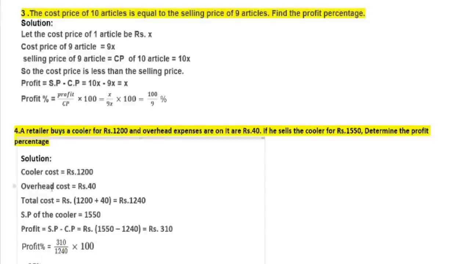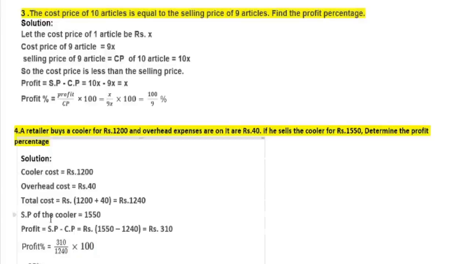Now you have to find the total cost, that means cost of the cooler plus overhead charges, which is 1200 plus 40, that is 1240. So this is the total cost of the cooler, and this is considered as the CP of the cooler.